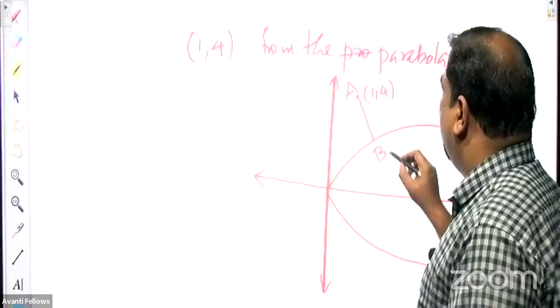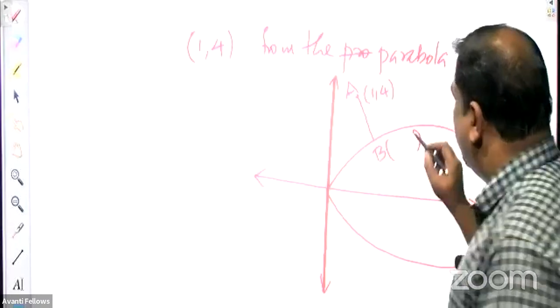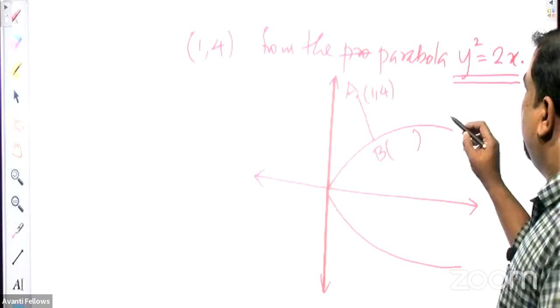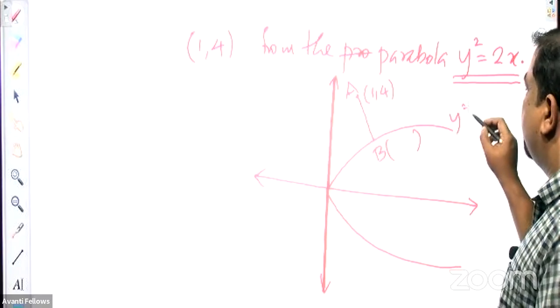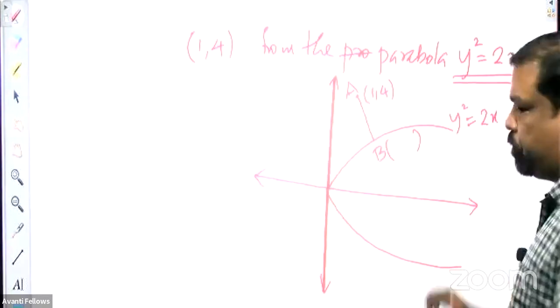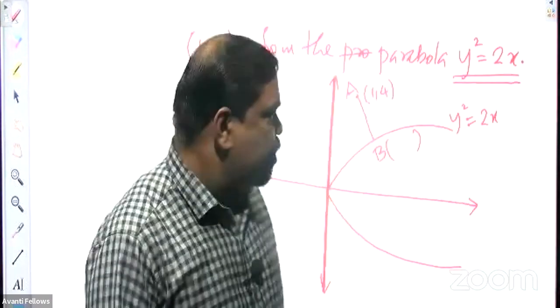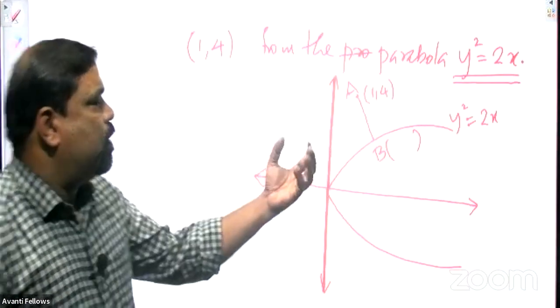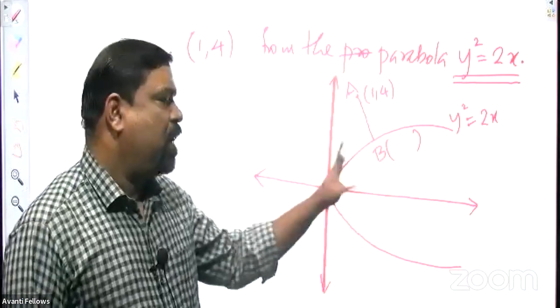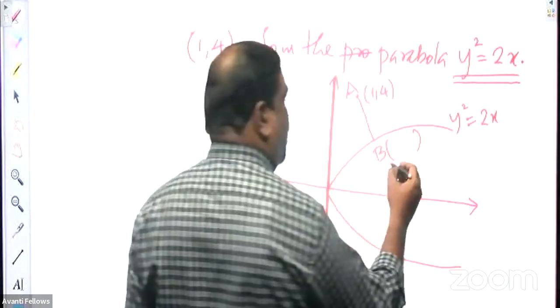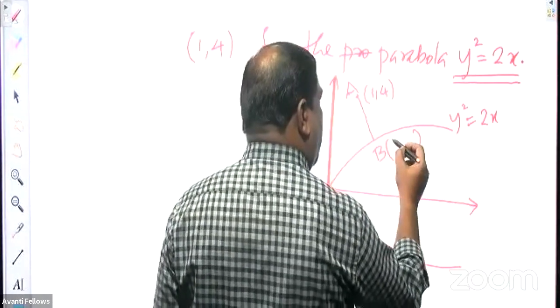So we don't know what that point actually is. That is our target. We have to find the point on this parabola, and the equation of the parabola is given: y square is equal to 2x. Clear? So we have to draw a rough sketch of the given situation like this. Now the required point, you can take it as some xy or some hk.